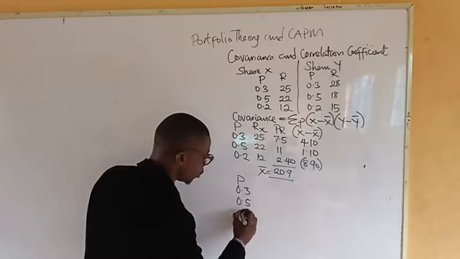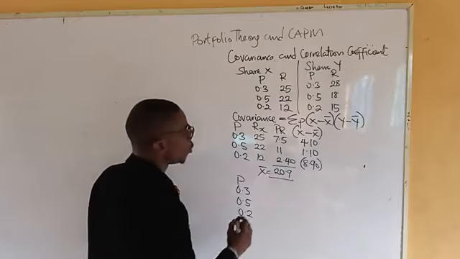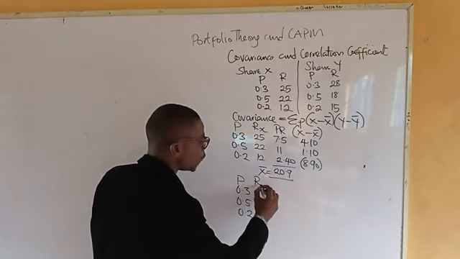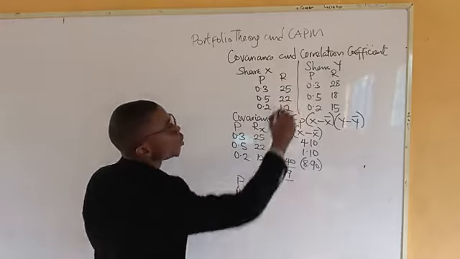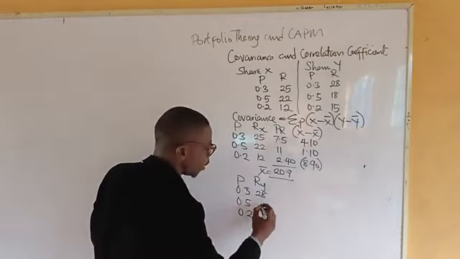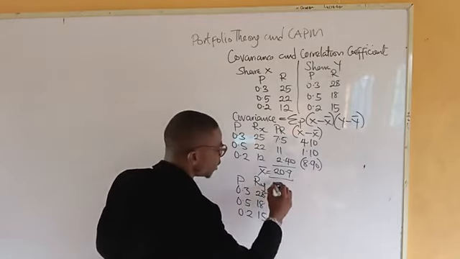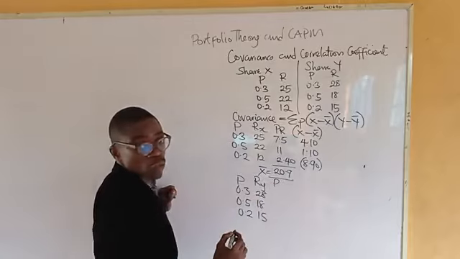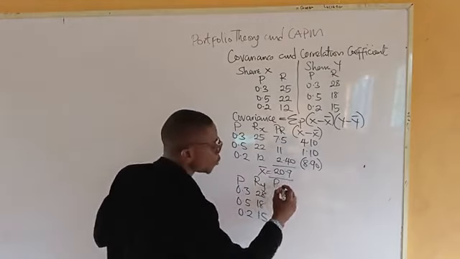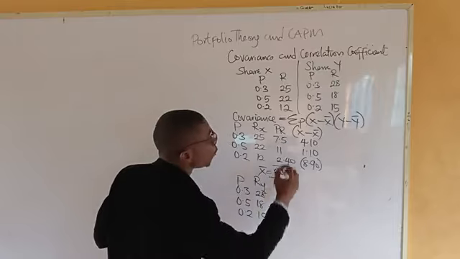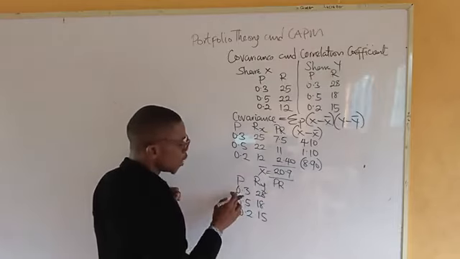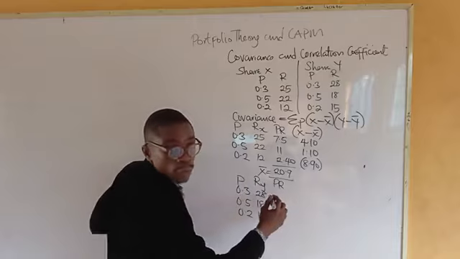That's the probability. So what's the return of y? 28, 18, 15. So let's get the expected return. That means expected return is P times R of y.